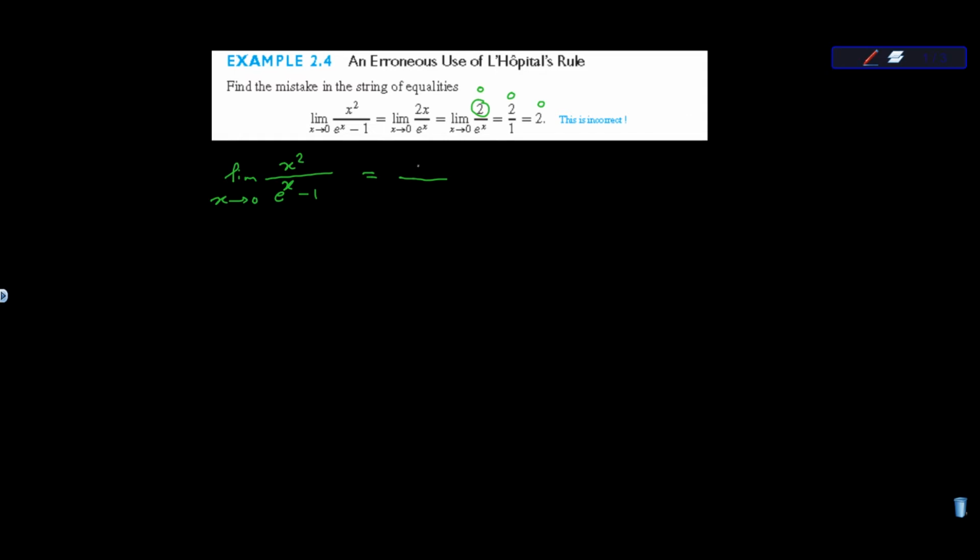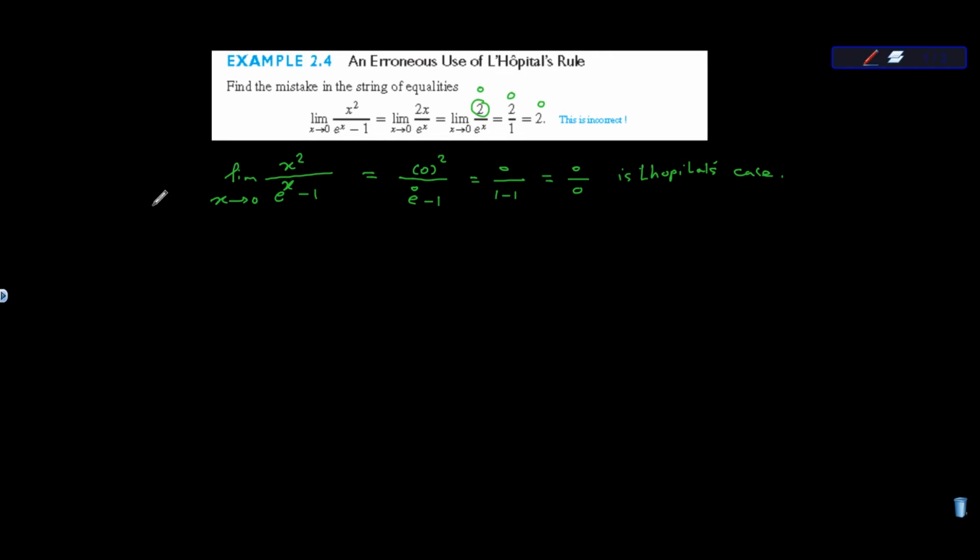Here 0 squared over e to the power 0 minus 1 is equal to 0 over 1 minus 1, which equals 0 over 0. This is the l'hôpital case, the main first case, 0 over 0.